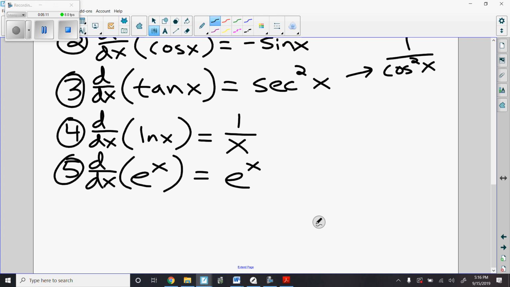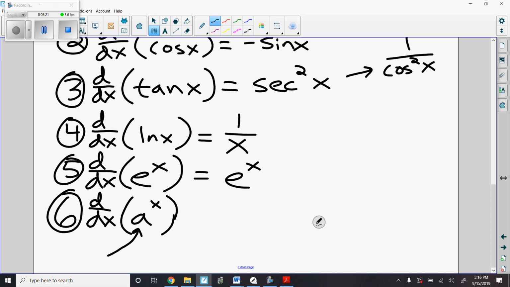And our last one is the derivative of a to the x. A here is just any constant. The derivative of a to the x is a to the x times the natural log of a.